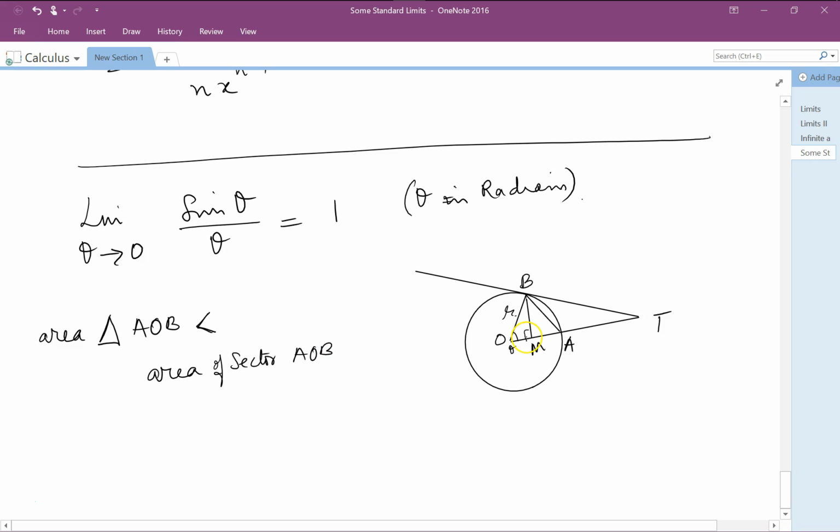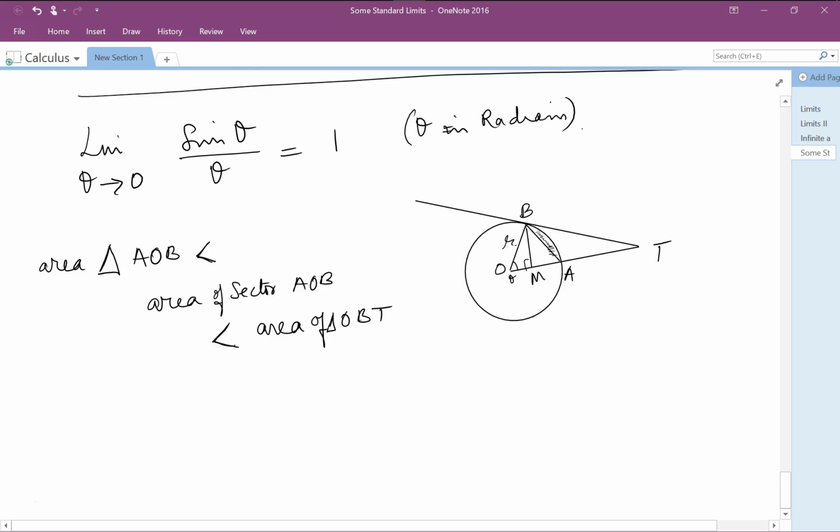Naturally it is less. Why? Because the sector contains this part also. So the triangle is less by this area, and the sector is in turn less than the area of triangle OBT. Now let's look at the actual calculation part.